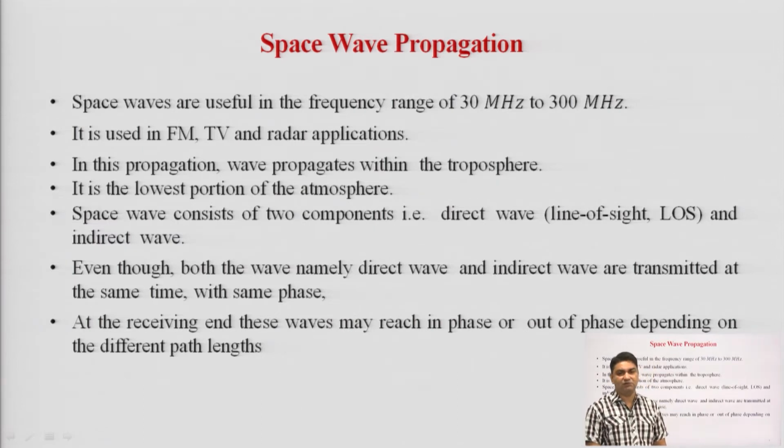Why is this space wave propagation very common? Because it is a mode of propagation which utilizes the frequency range between 30 megahertz to 300 megahertz, and I think this particular range of frequencies utilizes most of the communication applications, and it is used in FM, television and radar applications.